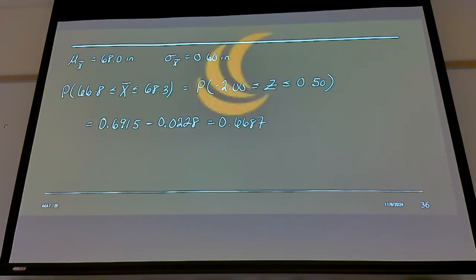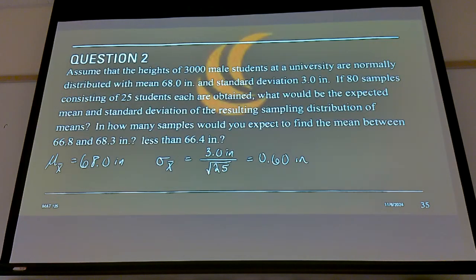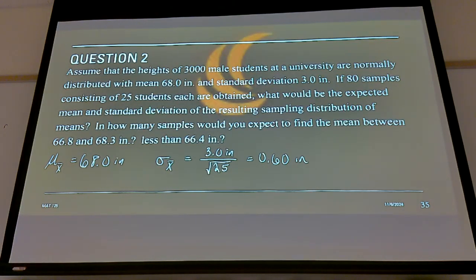But what were we asked? How many of the samples would you expect to find the mean between those 2 values? How many samples did we take? 80.